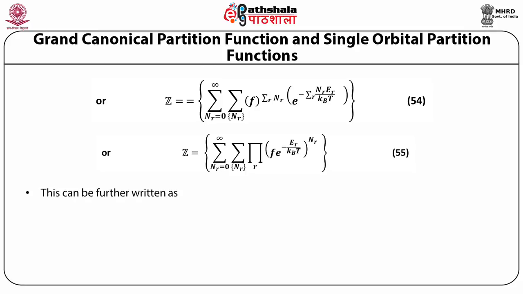This can be further written as Z equals the product over r of the summation over n_r from 0 to infinity of (fugacity multiplied by e raised to the power minus E_r by k_B T) whole raised to the power n_r.